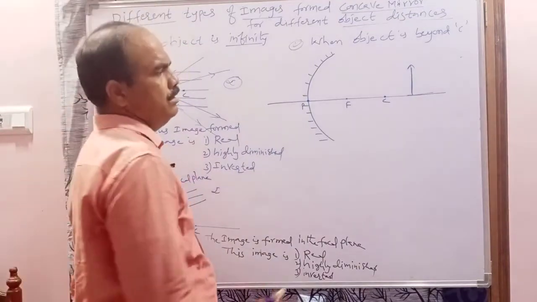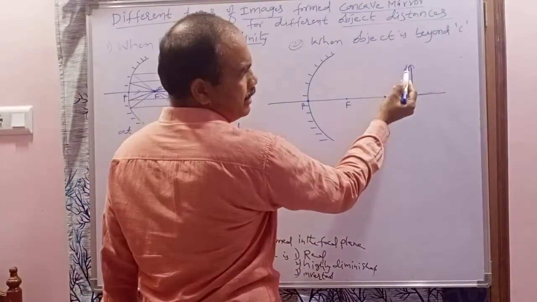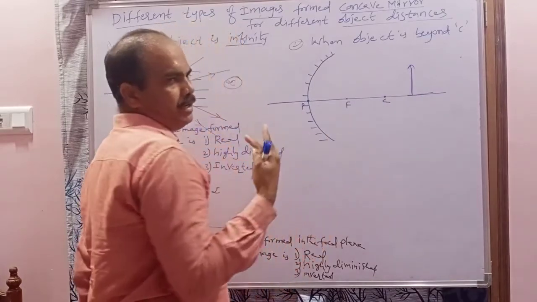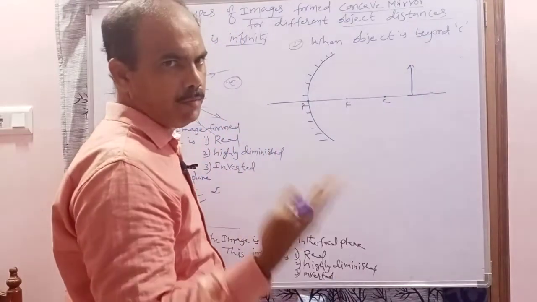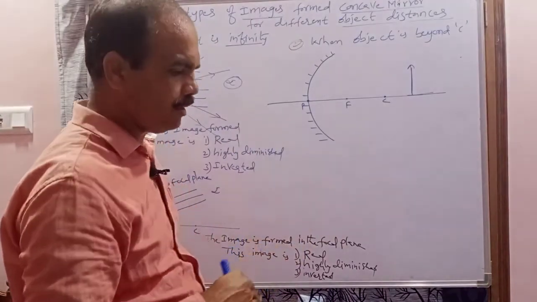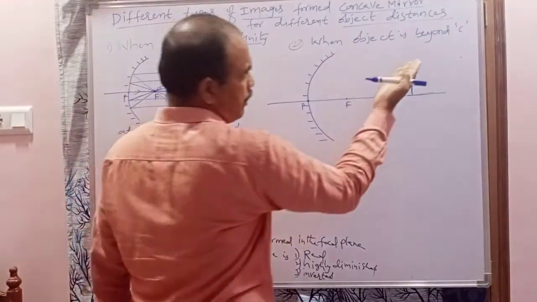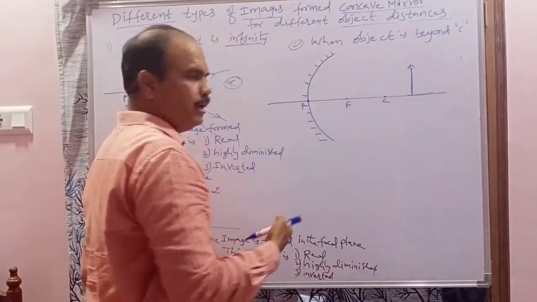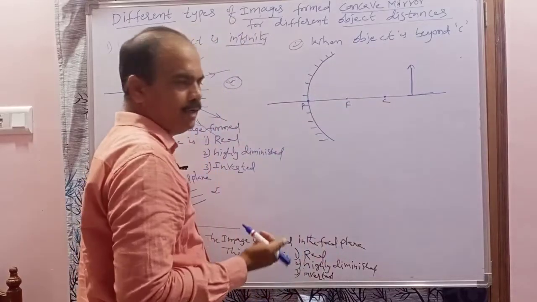What are the rules? We have to select incident rays from the top of the object. How many rays do we take? Two or more. Minimum two. Of those, one may be parallel to principal axis, another passing through focus, and another passing through center of curvature.